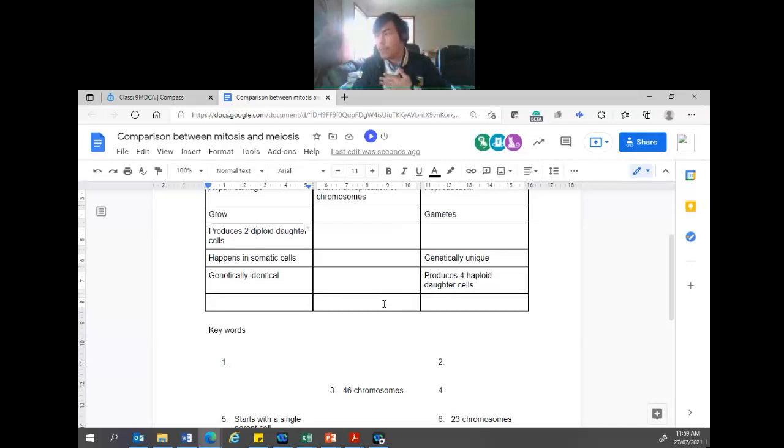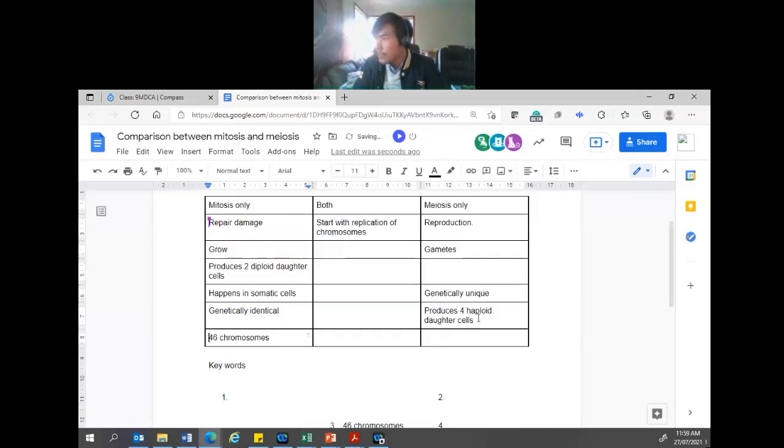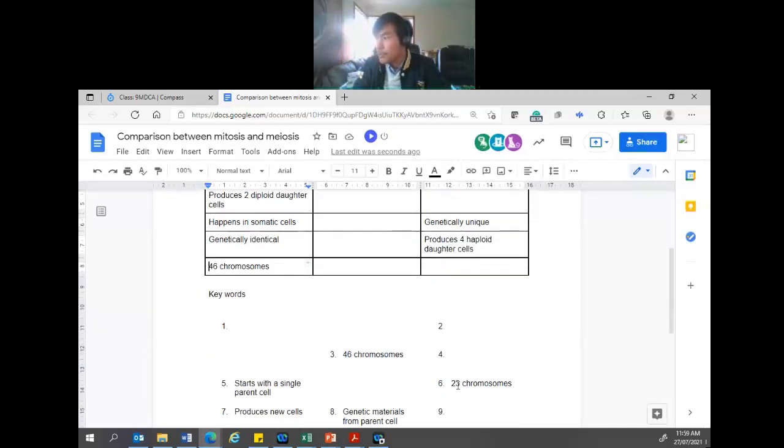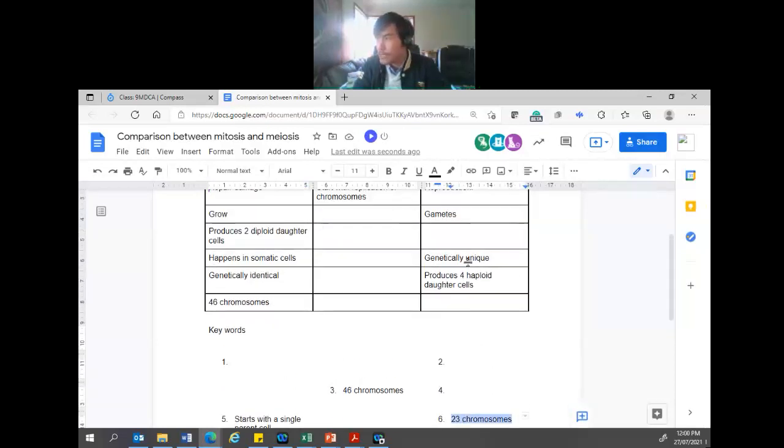That means for humans we would have 46 chromosomes altogether, 23 from the dad, 23 from the mom. And meiosis creates haploid cells, and haploid means that it's got half the genetic material. That means 23 chromosomes.